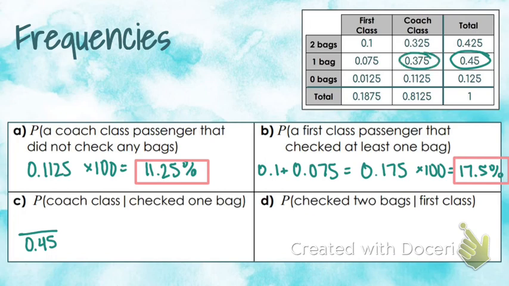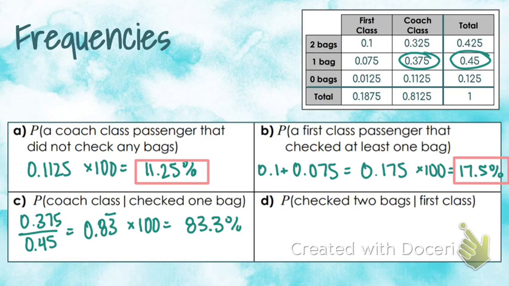This many. So 0.375 is the frequency of coach class customers that had one bag. And when we do this division, we're going to get 0.83 repeating. And when we multiply that by 100, we are going to get 83.3%. So 83.3% of the people that checked one bag were coach class.